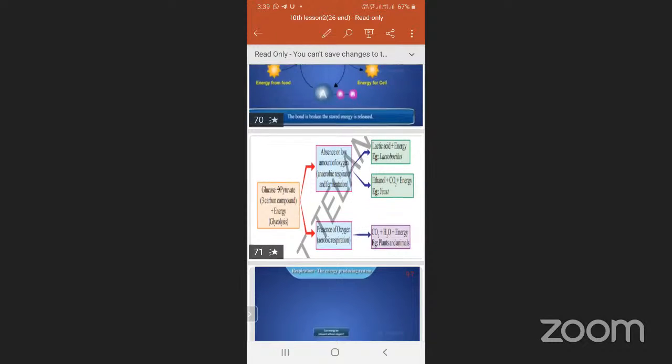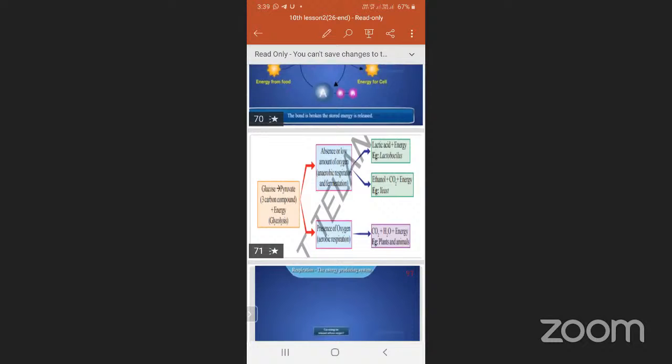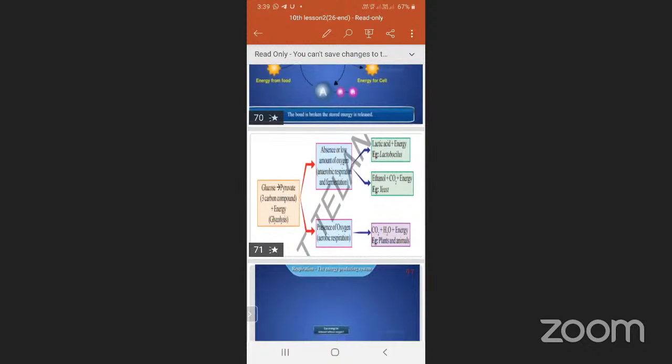If oxygen is inadequate or not utilized, the pyruvic acid is converted into either ethanol or lactic acid, and a very little amount of energy is released. In anaerobic respiration, very little energy can be released.